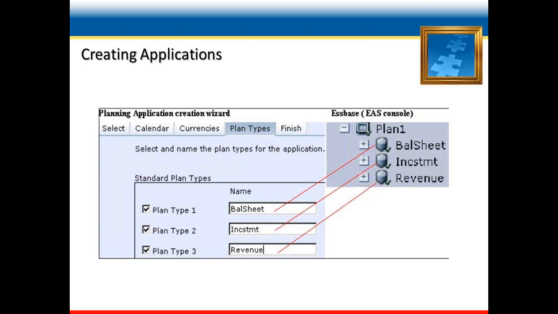Once we define these parameters and create the database, it looks like what is highlighted on the right side, on the ESS side. Plan 1 could be the application name defined in this wizard, and as we define the plan types, the cubes or databases are created on that side.